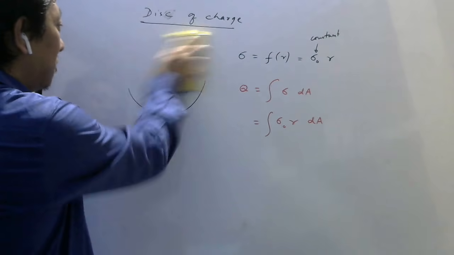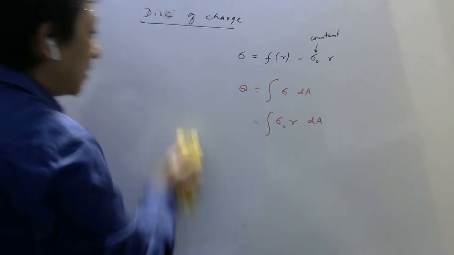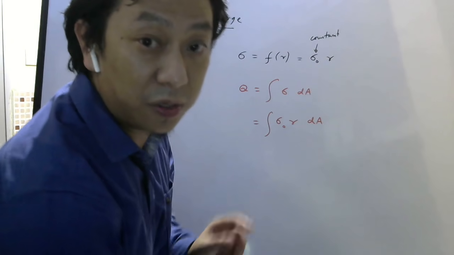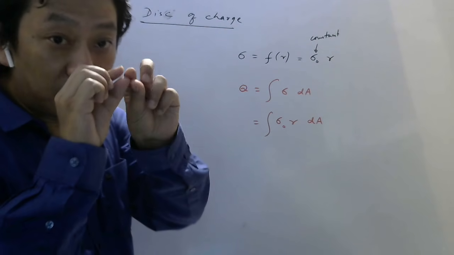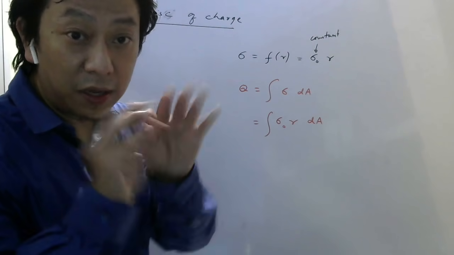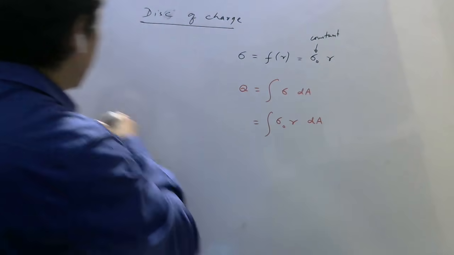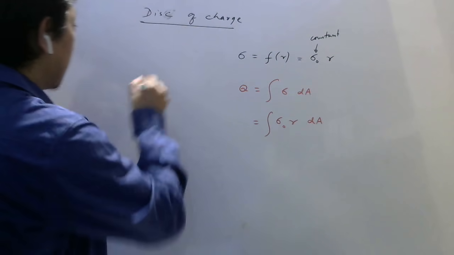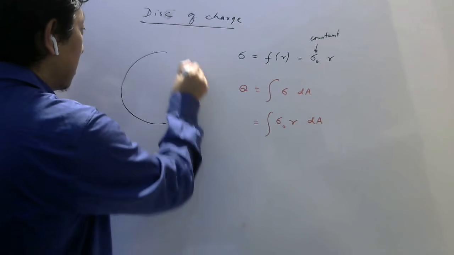So what we need to do now is this dA, we should treat it as the area of a ring, right? Because this is dA, no? It represents a small area of the disk. So this was your disk. Look carefully, okay? This was your disk.